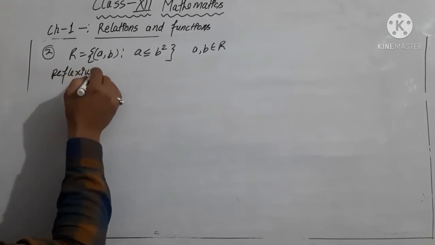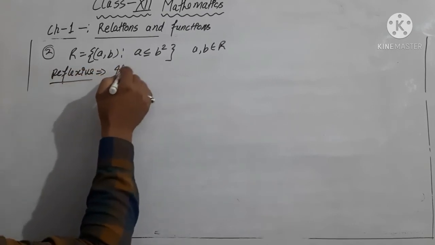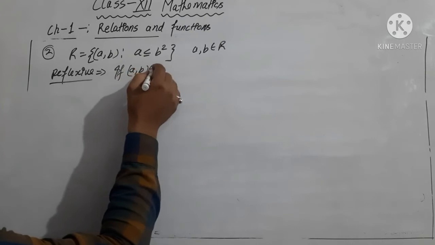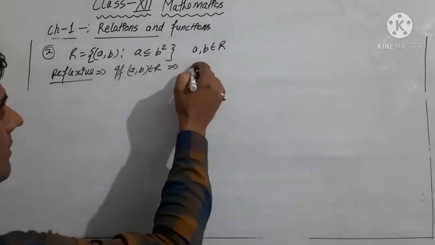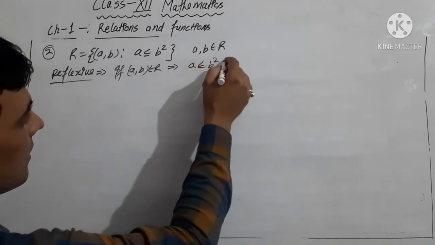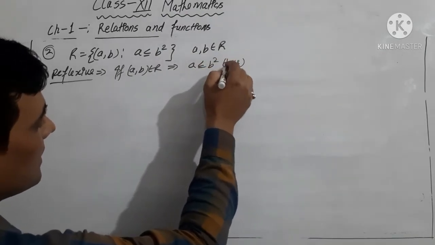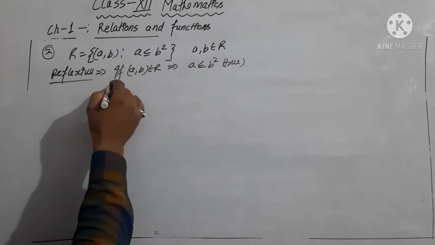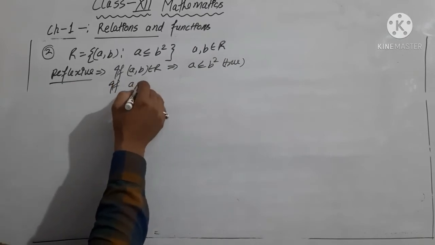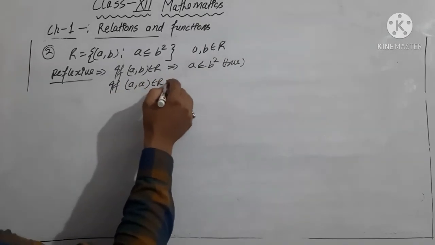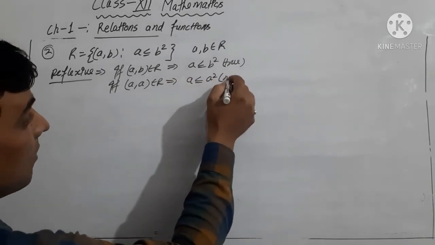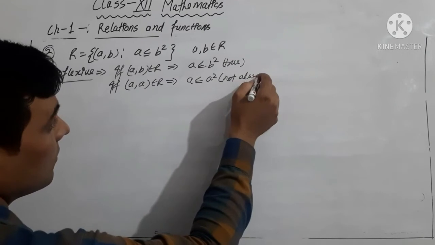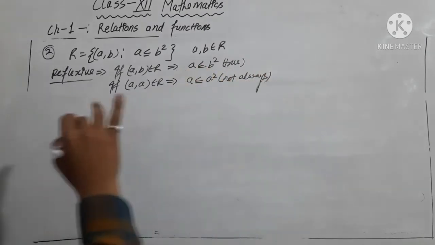First, reflexive. If (A, B) belongs to R, this implies that A less than or equal to B square. This is true because it is given in the question. And if (A, A) belongs to R, this should imply that A less than or equal to A square, which is not always true. Where is it not always true?